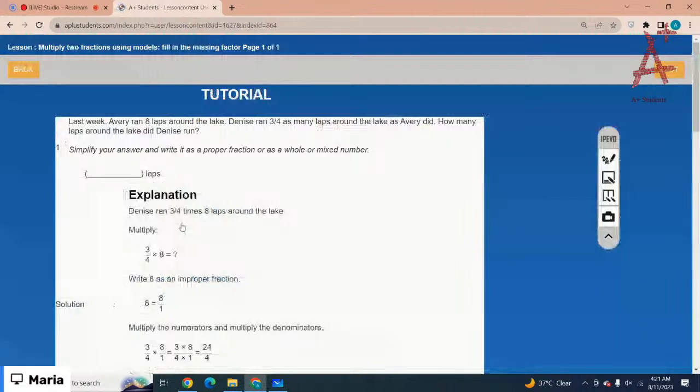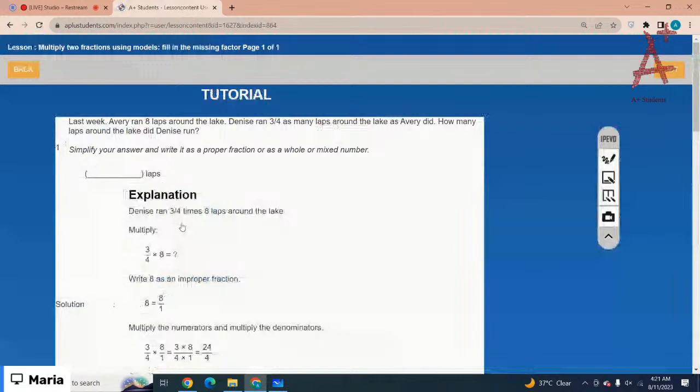Last week, Avery ran 8 laps around the lake. Denise ran 3/4 as many laps around the lake as Avery did. How many laps around the lake did Denise run? Okay, so Avery did 8 laps, right? And Denise ran 3/4 as many laps as Avery.